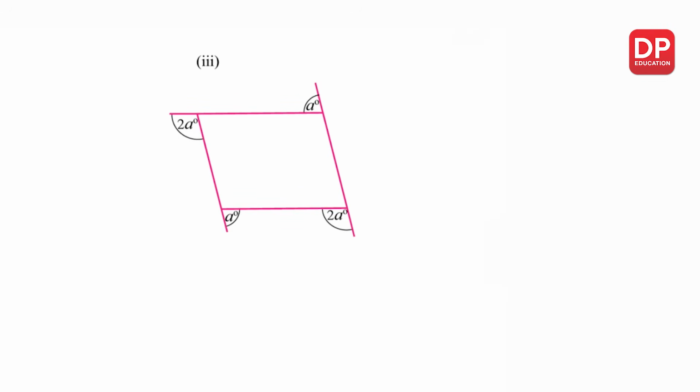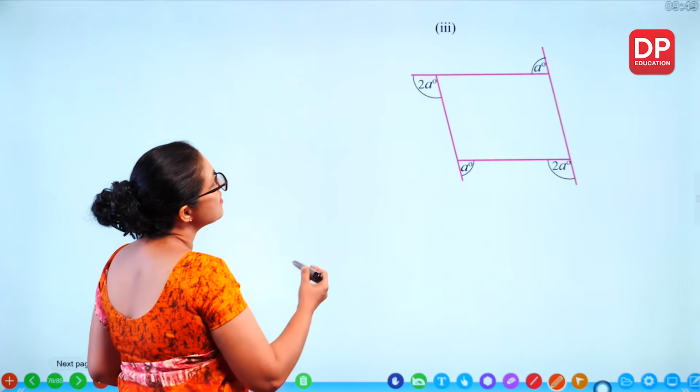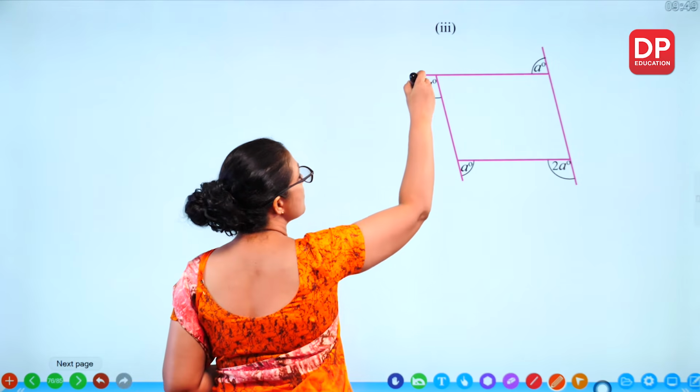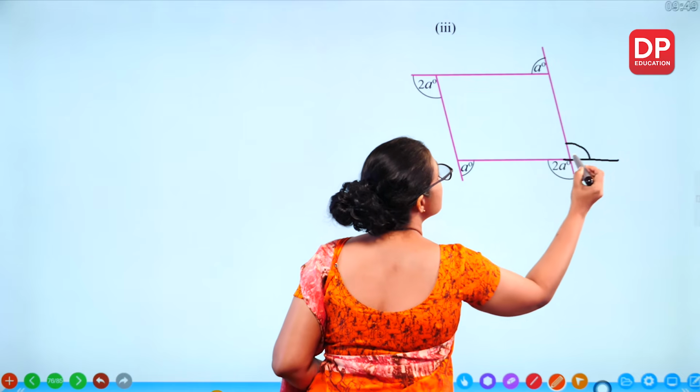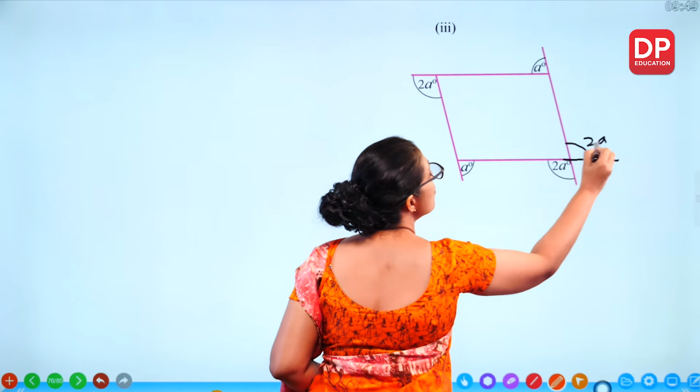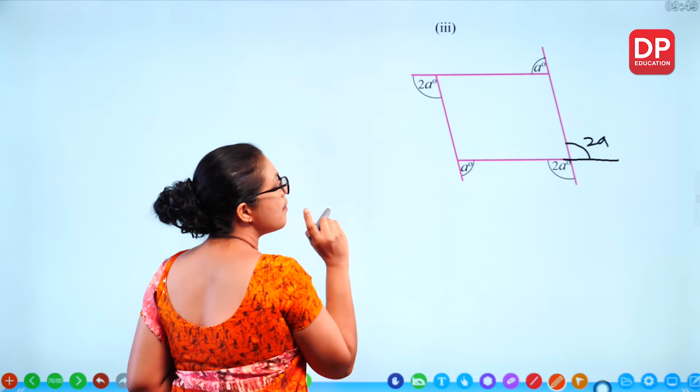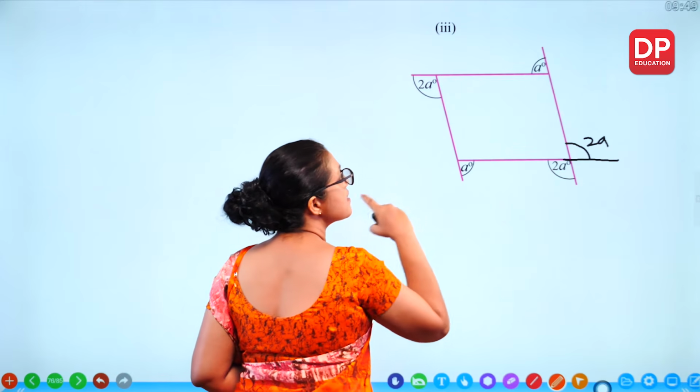This one, check whether these are exterior angles. When you extend, you get this one. When you extend this one, this is the exterior angle. But this is also 2A because vertically opposite angles are equal.